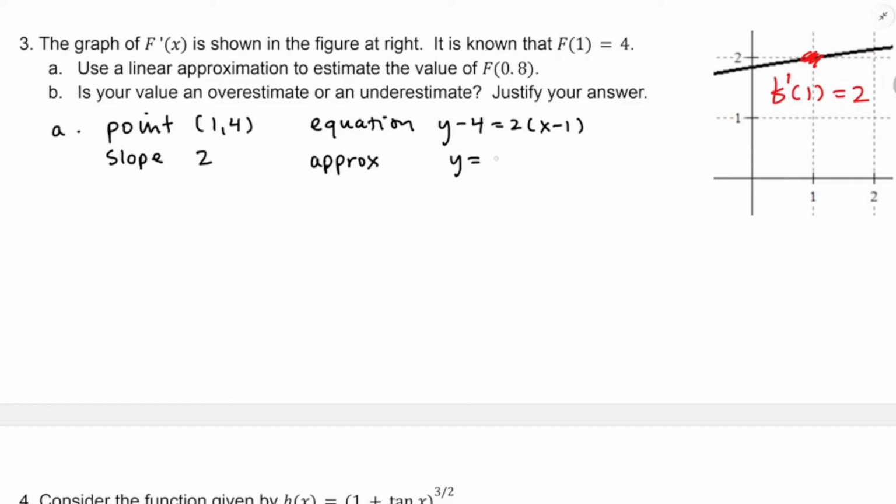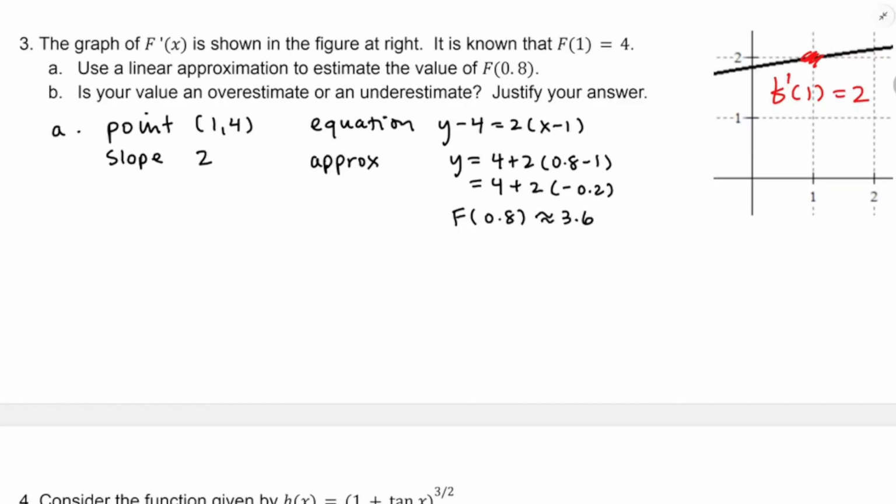So that would be y equaling 4 plus 2 times 0.8 minus 1. That's 4 plus 2 times negative 0.2. So that would be subtracting 0.4, that's 3.6. Right, so f of 0.8 is approximately 3.6.